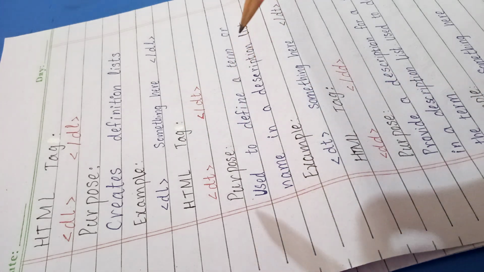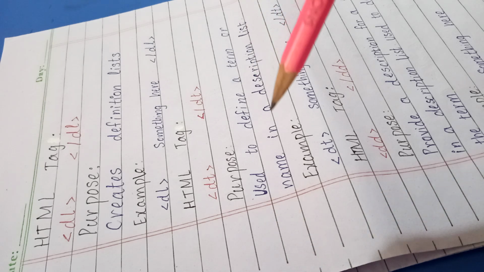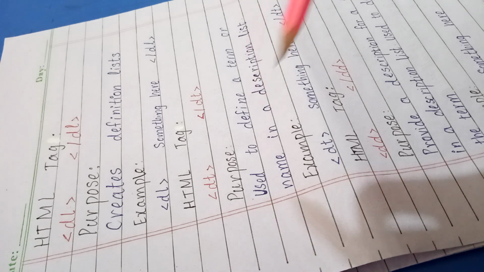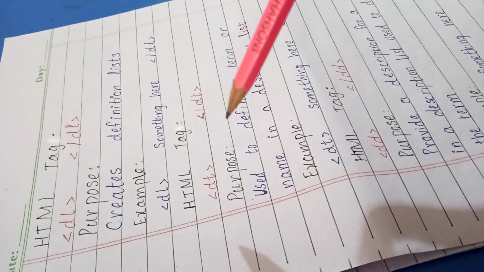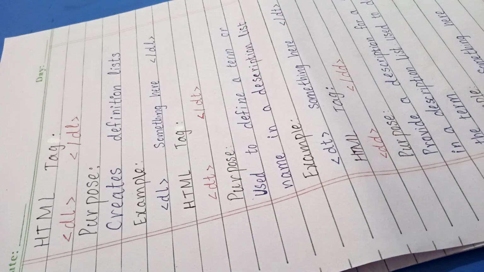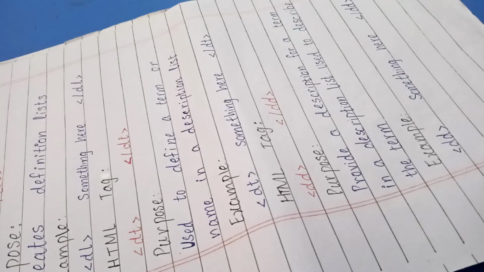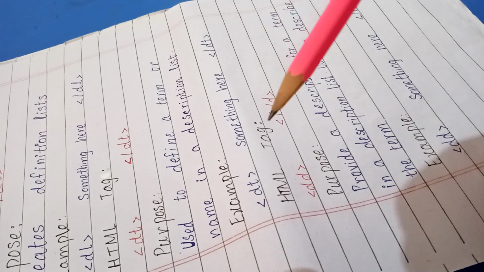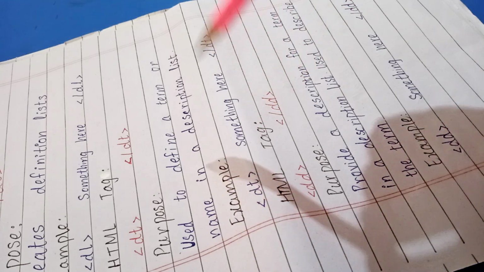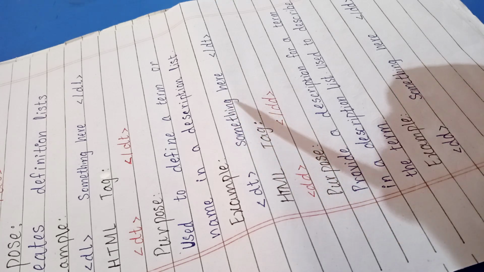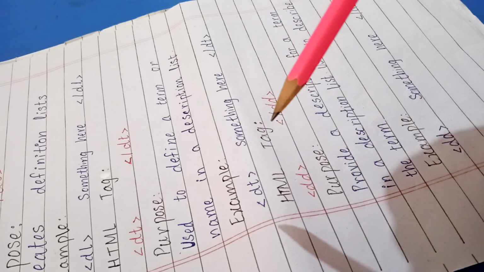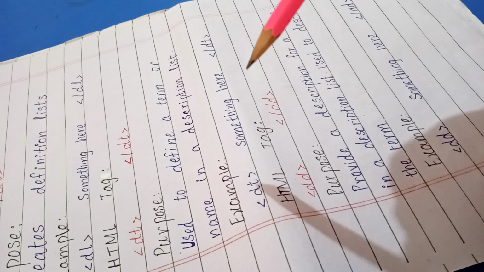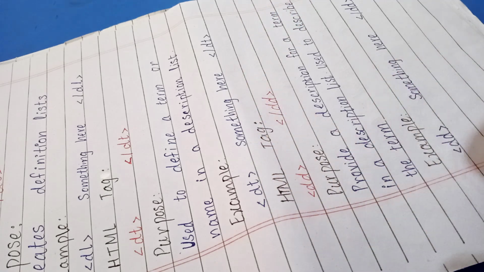Our next HTML tag is less than DT greater than. This is our opening tag, and the closing tag is less than slash DT greater than. You see the purpose. The DT tag is used to define a term in a name or description list.